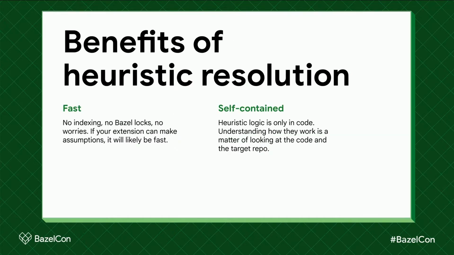So there's a lot of benefits to the heuristic resolution where it's fast. As opposed to other types of dependency resolution, like if you have a daemon or a service, it's self-contained. So you don't have to worry if there's a bug someone's encountering. You don't have to worry about keeping things in sync, or about services going down. You can just pull down their branch, and it should run on your machine the same way it runs on theirs.